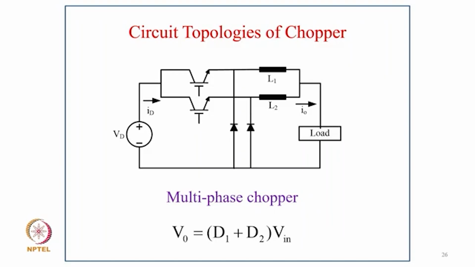If one chopper is drawing current and the other is not, the second can take the current at other times. So you can increase the current in the load, and this makes the ripple current in the load substantially low. You are effectively sharing the current among the different multi-phase choppers.